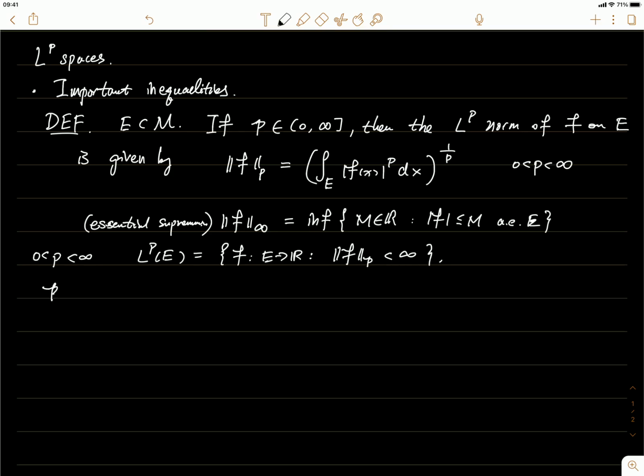And similarly, if p is equal to infinity, L infinity of E is just the set of functions similar to above, except that the infinity norm is finite. In this case, this just means that there exists some m such that f is bounded by that m almost everywhere.